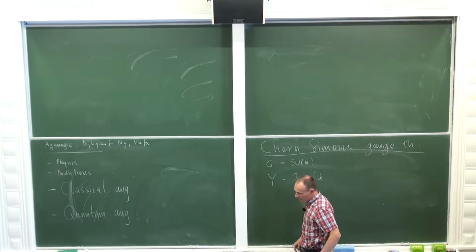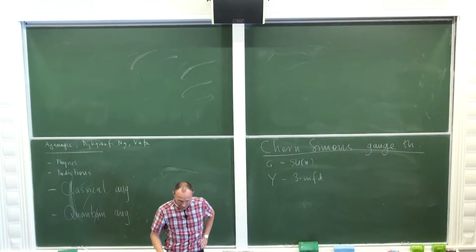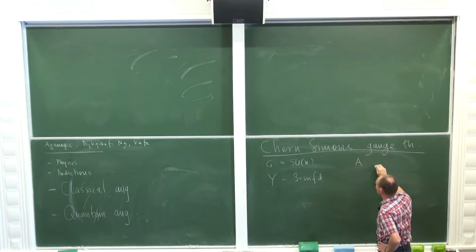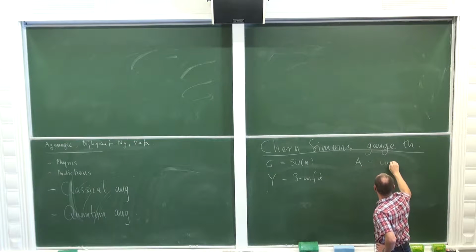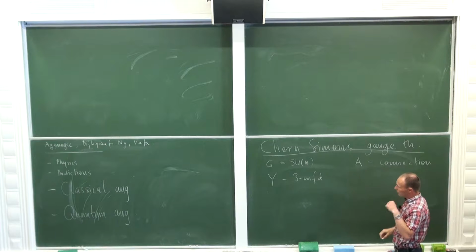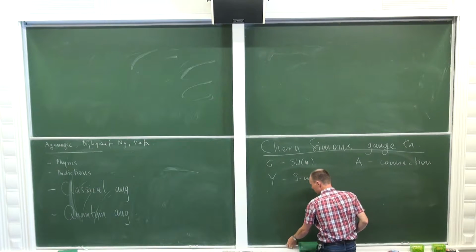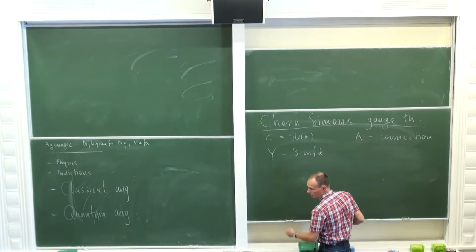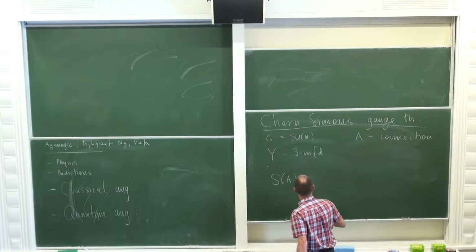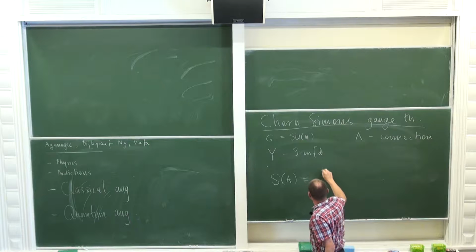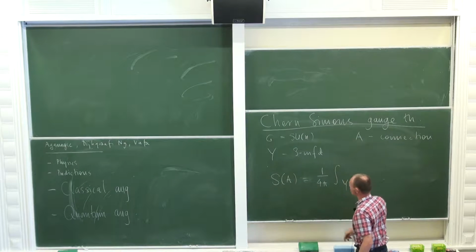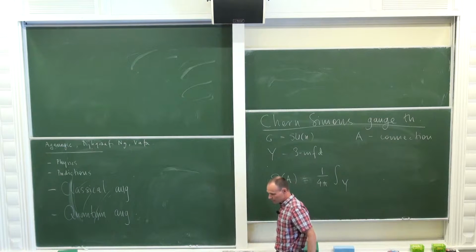And then if we pick a connection on a G bundle, then we can form the Chern-Simons action, which is the following thing, and there is some question about normalization here, that this is a constant up front, but this is what's common.